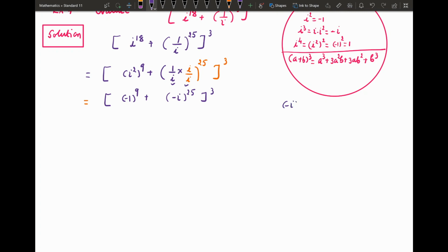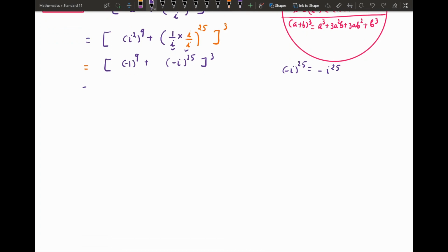So here minus 1 raised to 9 is minus 1, as we have discussed, and this is minus i raised to 25.